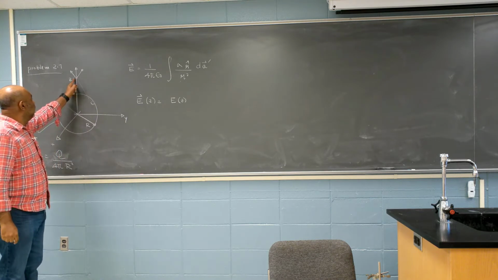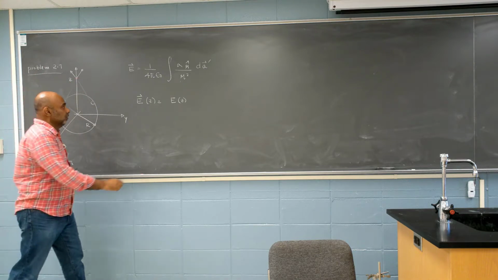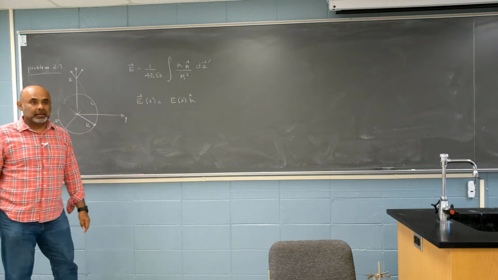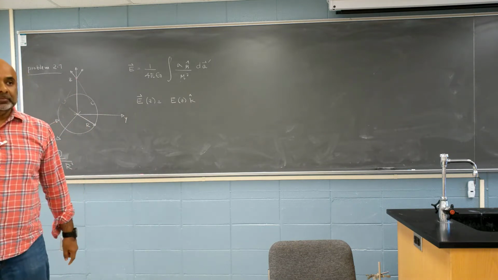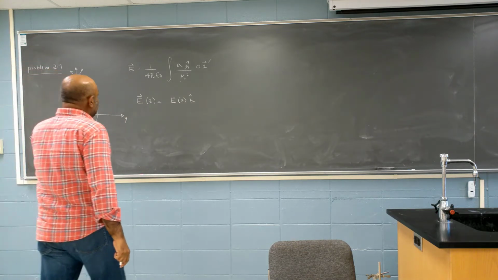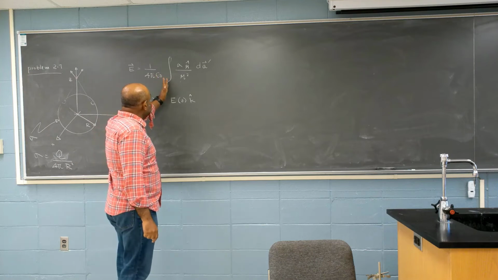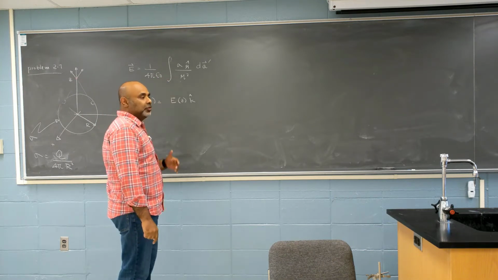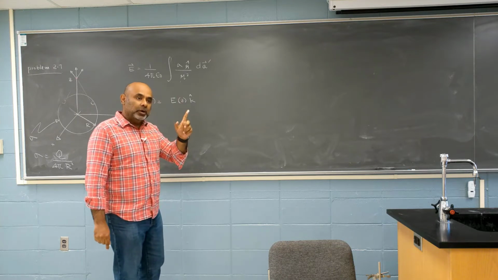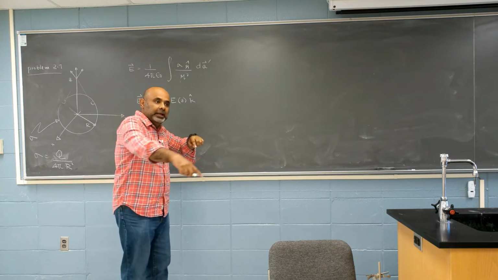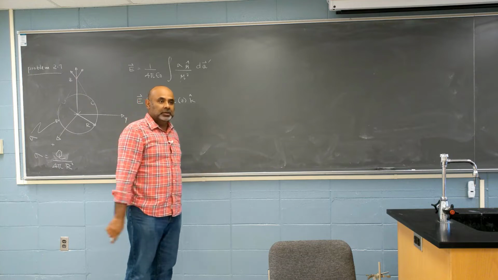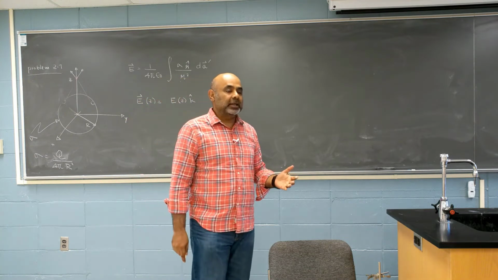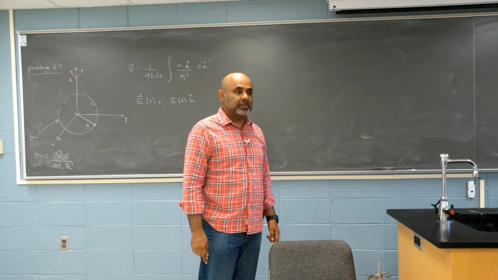Upward, because this side cancels off that side. So all of a sudden, I don't need to do this integral. Because if I do this integral, of course, I'll have an upward component and a whole xy-plane component that will cancel out when we do the integral. Why do something if you know it's going to cancel out in the first place?